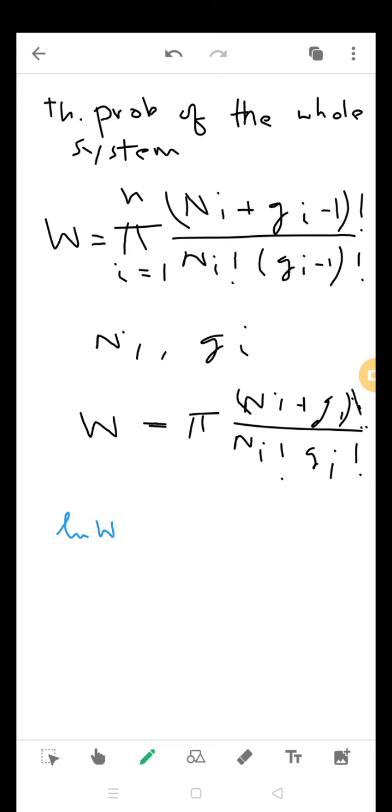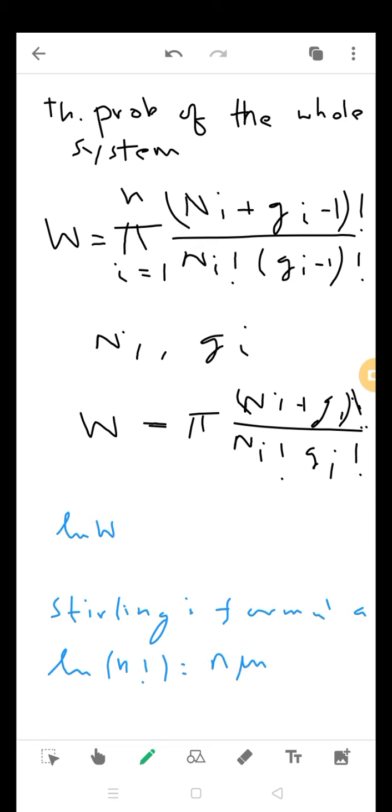Using Stirling's approximation, Stirling's formula says ln n factorial is equal to n ln n minus n if n is a very large quantity.